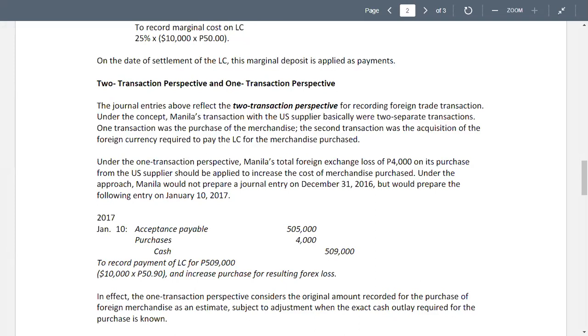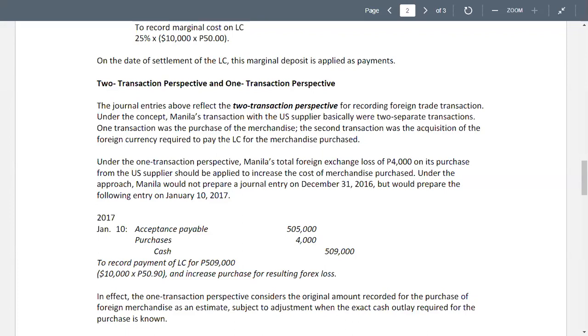And the authors support the two transaction perspective for foreign trade transactions and for loans receivable and payable denominated in foreign currency. And we have here the foreign exchange gain or loss, or the forex.